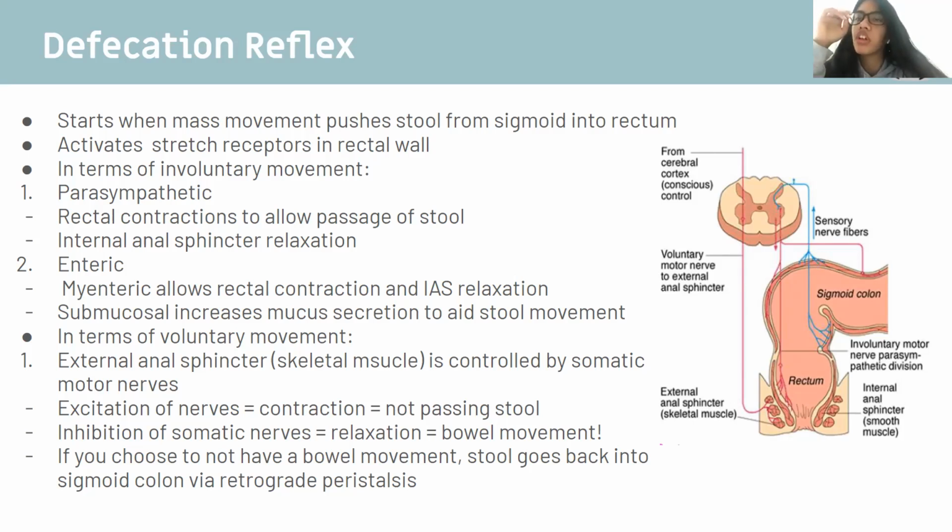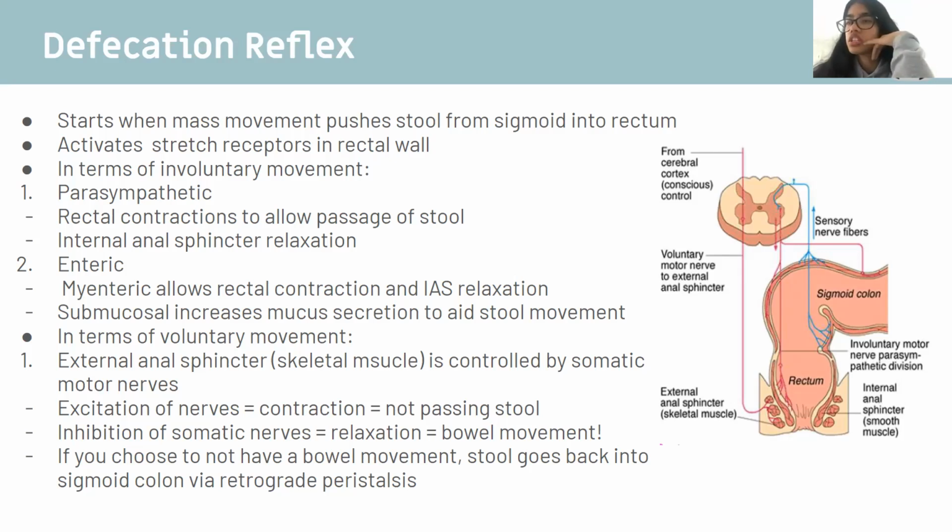In terms of voluntary movement, as I touched upon before, your external anal sphincter is a skeletal muscle sphincter, and therefore it is under voluntary control. So you have the capacity to decide whether or not you want to go to the toilet. When you decide you do want to pass a bowel movement, this leads to the inhibition of your somatic nerves, which leads to the relaxation of your anal sphincter, and then you have a bowel movement.